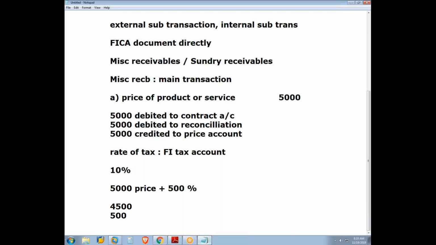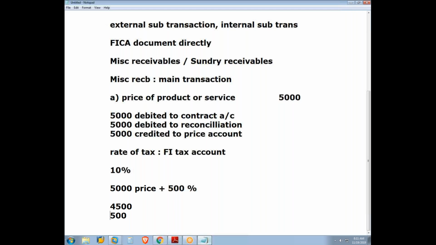Suppose we are posting a FICA document in SAP ISU, coming from the ISU source, an invoice prepared because of consumption billing. The system will know that this FICA document is prepared because of the consumption billing invoice. But sometimes, let us say we are preparing a security deposit entry in the system. Again, it is posting to FICA, but this time it will understand that a security deposit FICA document is posted.